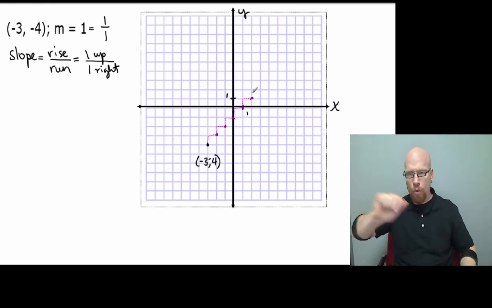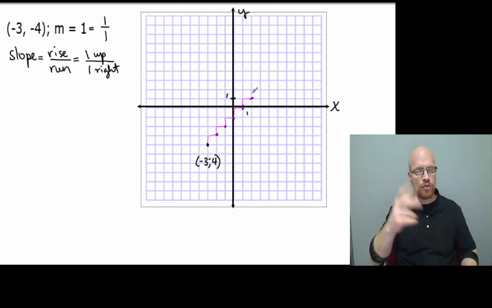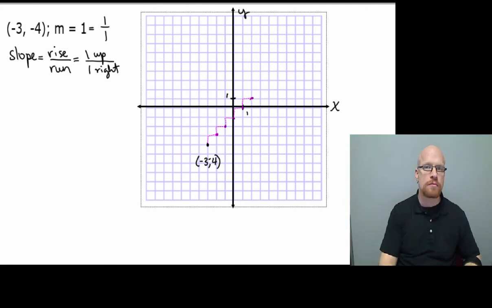And these points I graphed are all on this line.